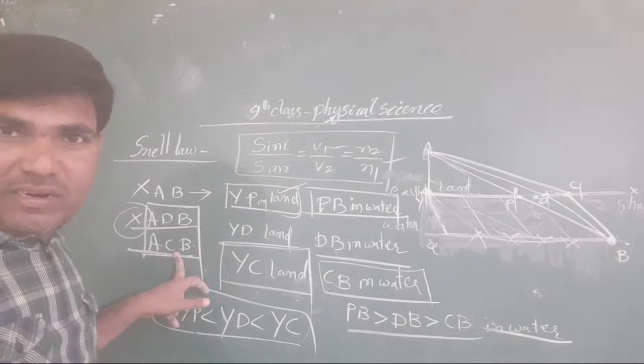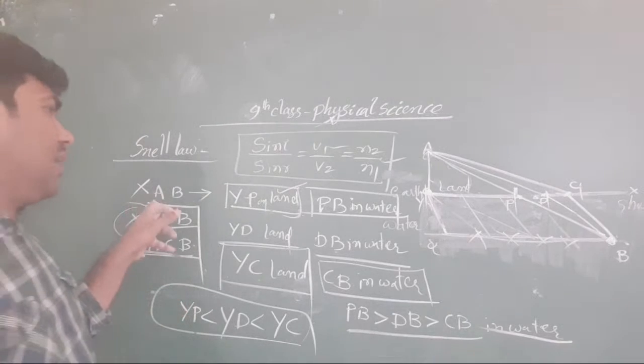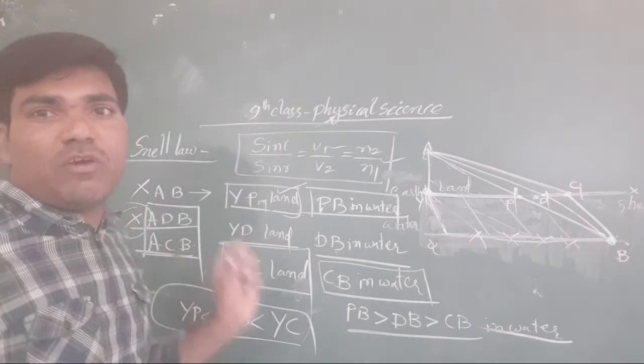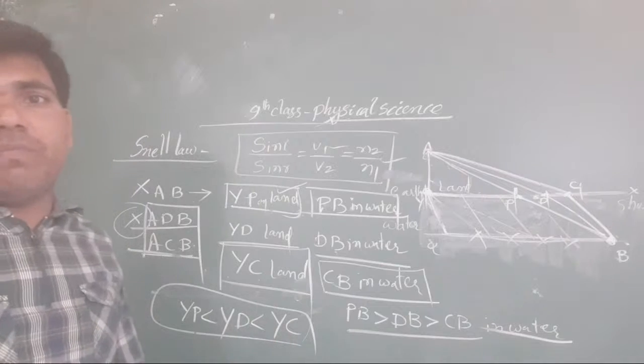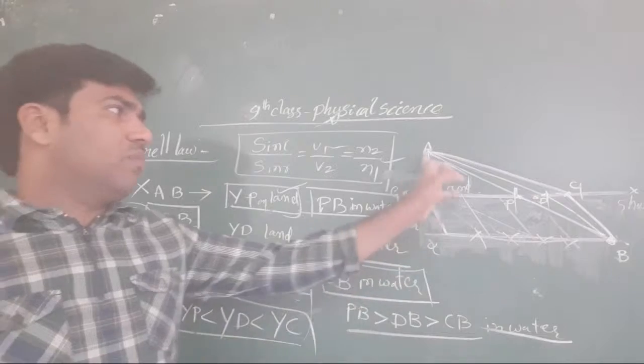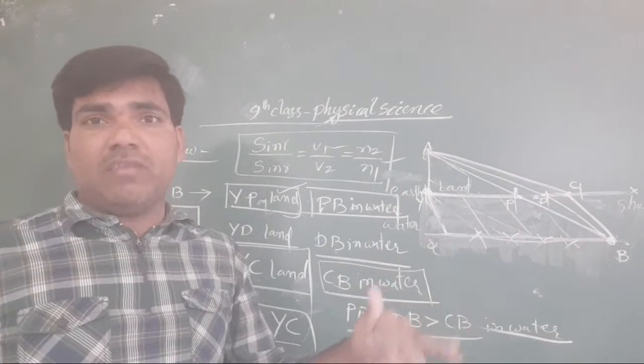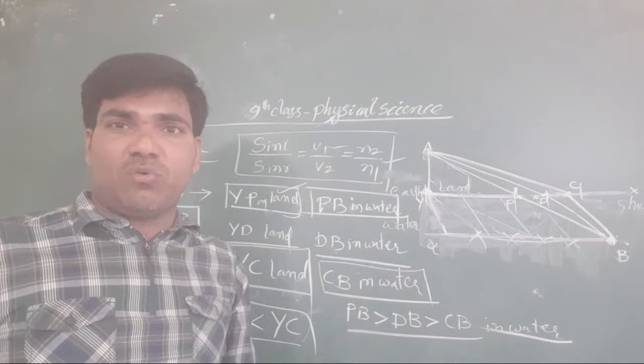But is it the only correct one? No. ADB may also be equal to ACB. Why? Because the time taken for traveling along ADB may equal that of ACB. Is it correct or not? Once we have to check.